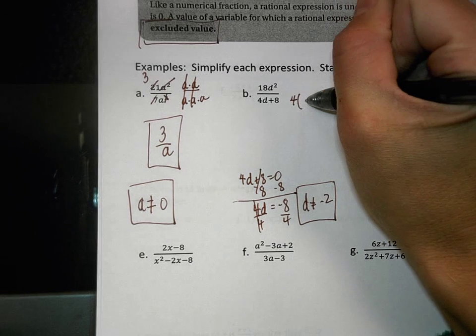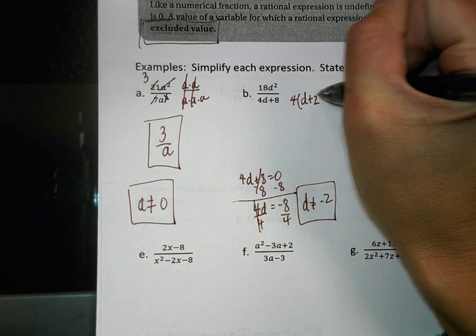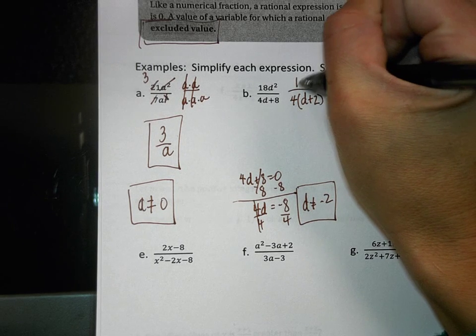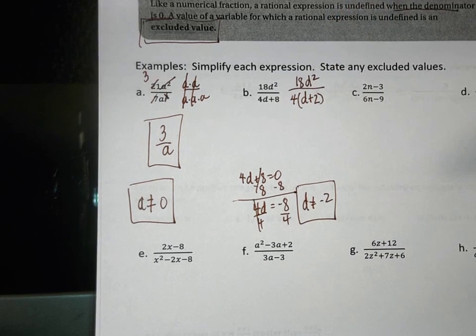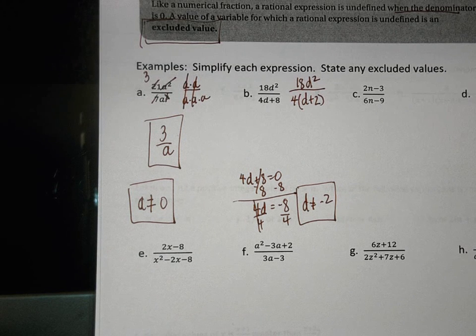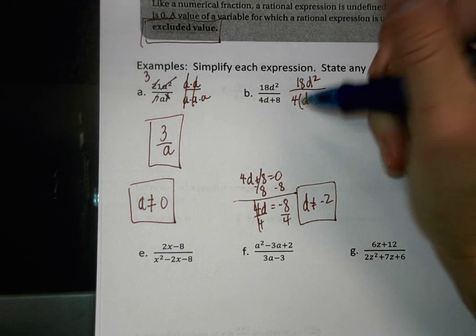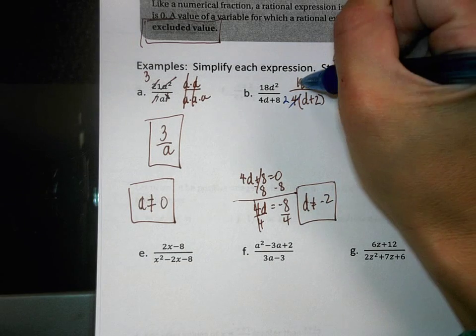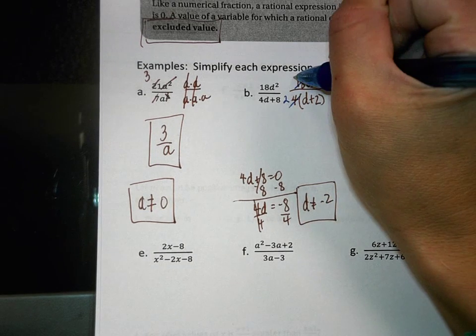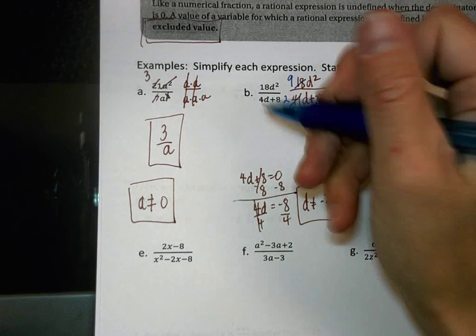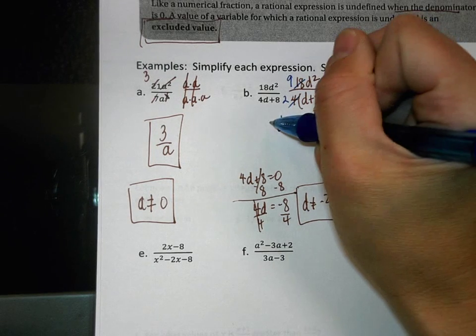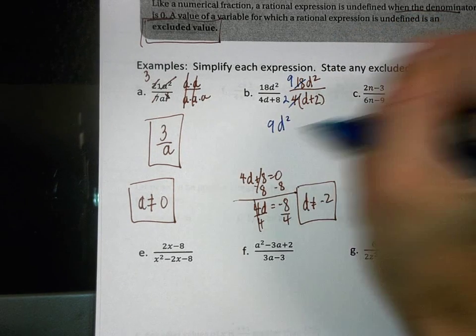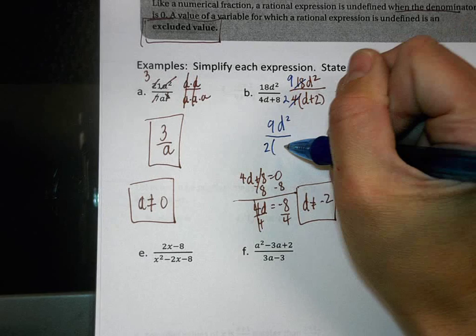So I could factor out a 4, and I'm left with D plus 2, and on the top I still have 18D squared. Now that I've done that, can anything reduce? Good, the 4 and the 18. So what number goes into both 4 and 18? 2. So that can reduce to a 2, and this can reduce to a 9. And that looks like that's all I can do. So my answer is 9D squared over 2 parentheses D plus 2.